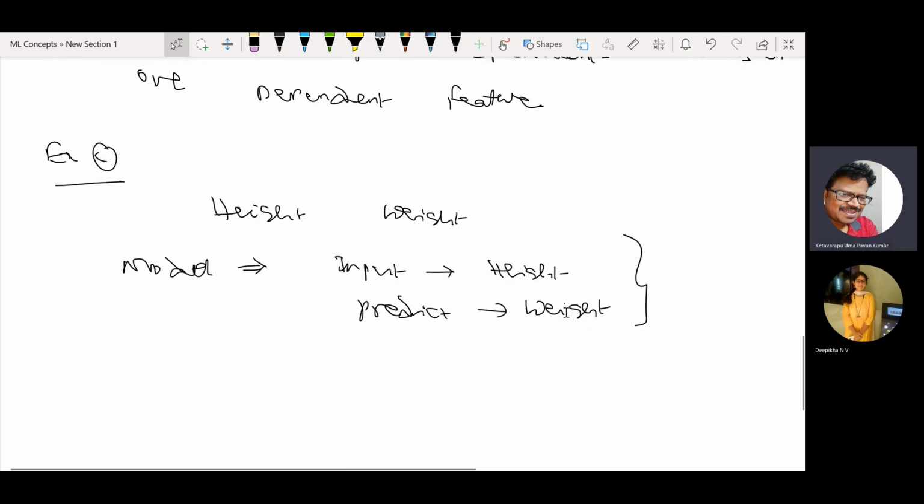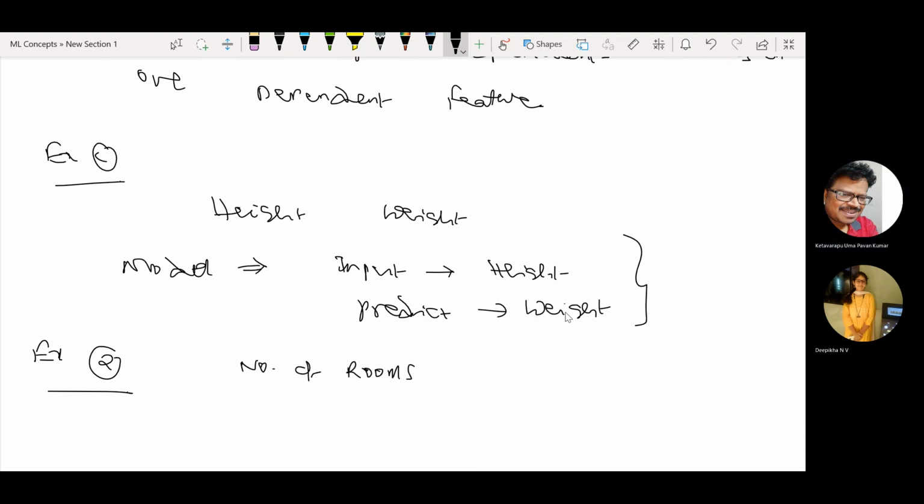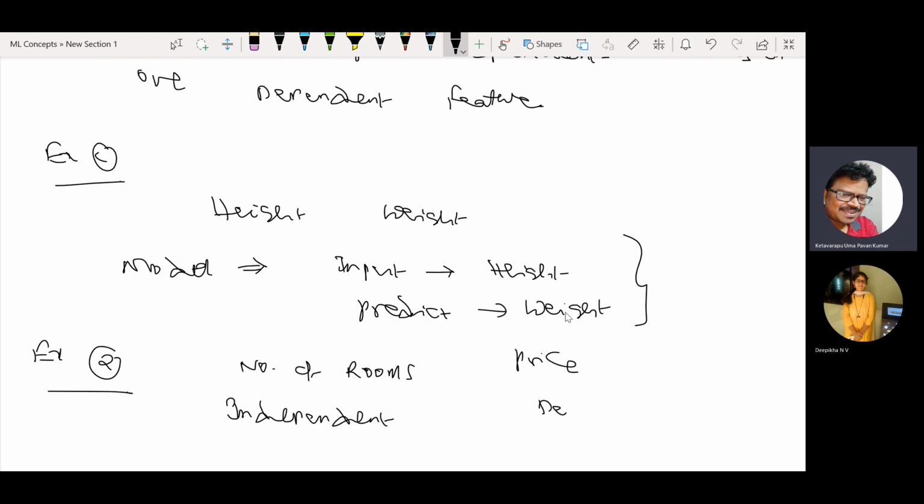Now, similarly, another example: I want to purchase a house with a number of rooms, and based on the rooms definitely there is a price. Here the number of rooms is nothing but the independent feature or independent variable, and price is your dependent variable.